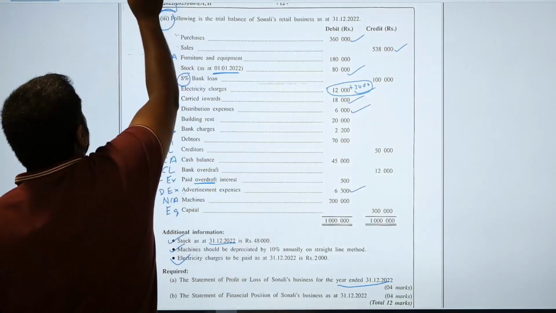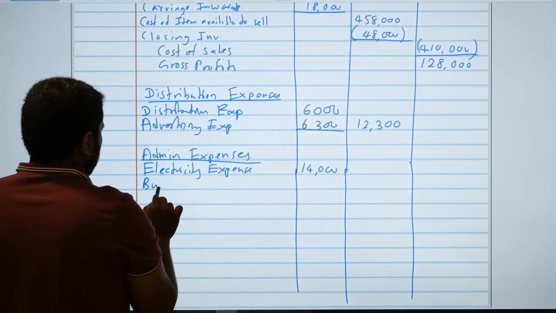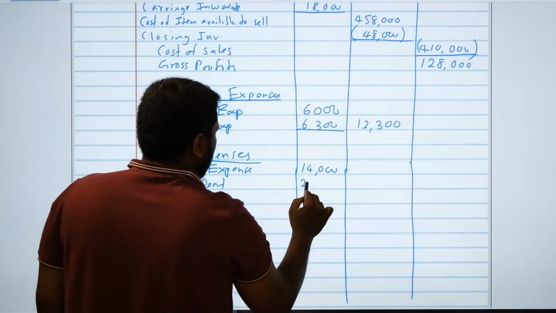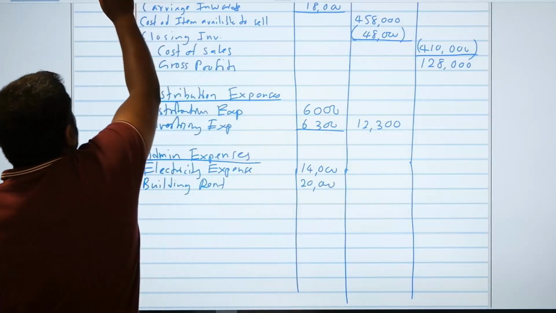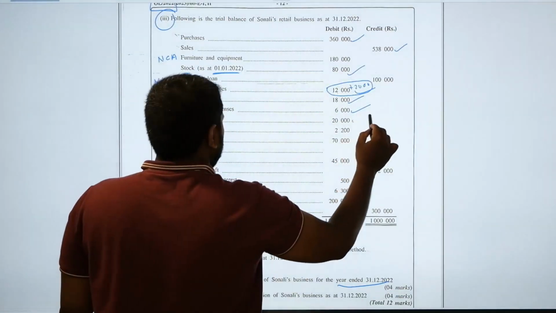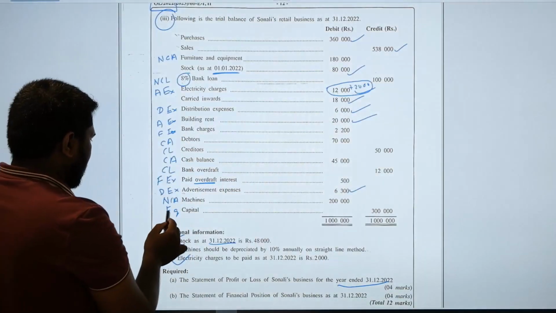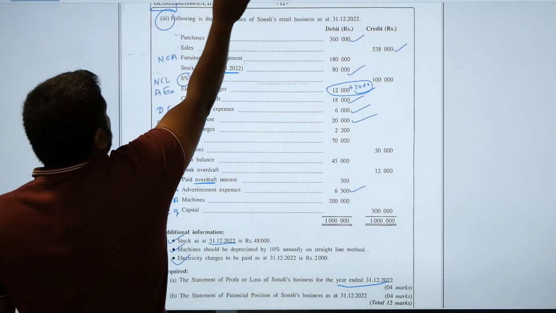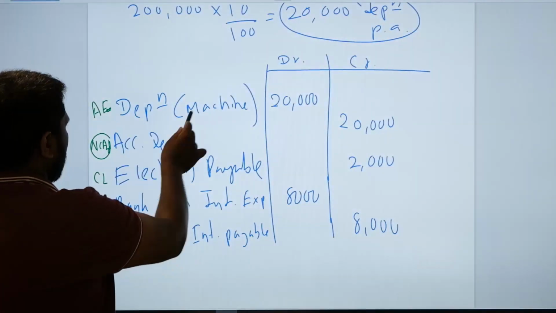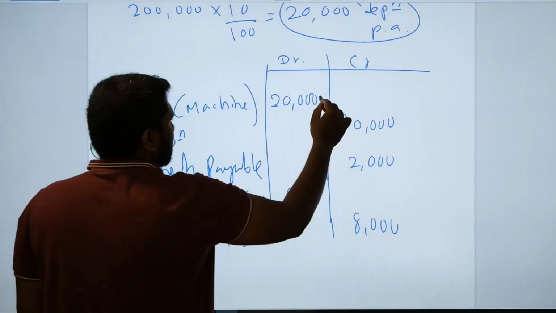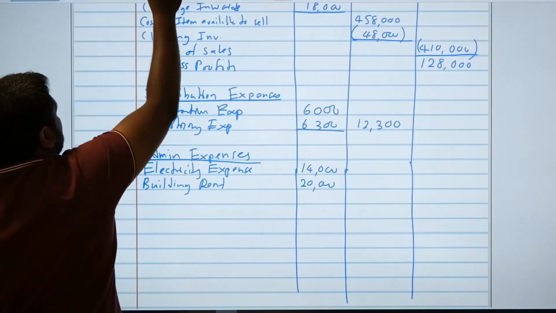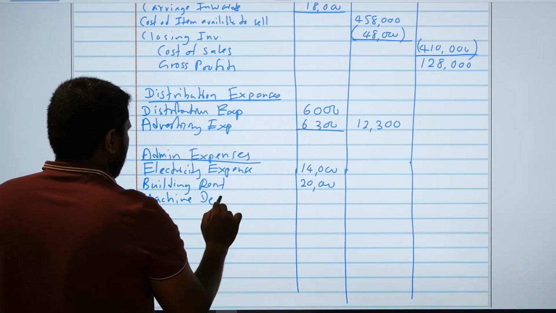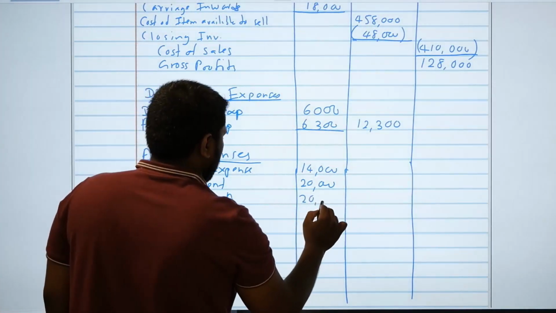Then building rent 20,000. Then we have what else? Admin expenses. Building rent, nothing is here. Let's see. Here we have the machine depreciation 20,000.